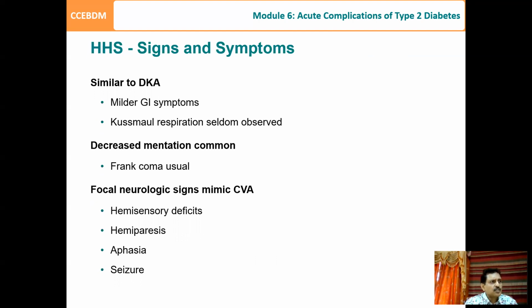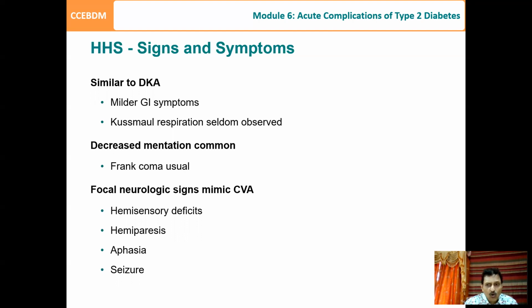So regarding signs and symptoms, a few symptoms are similar to DKA, but we don't find the GI symptoms much. Frank coma is a common presentation, which is not common with DKA, but we can also find some neurological signs which mimic cerebrovascular accident: hemisensory deficit, hemiparesis, aphasia, seizure.